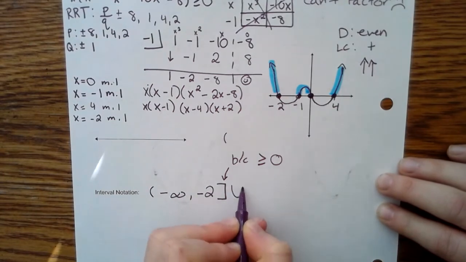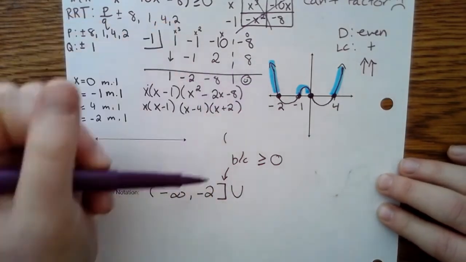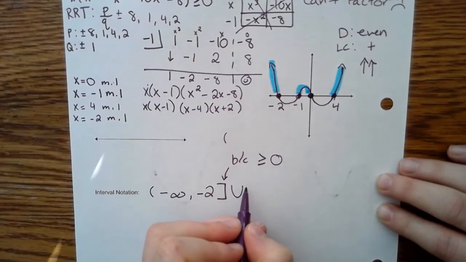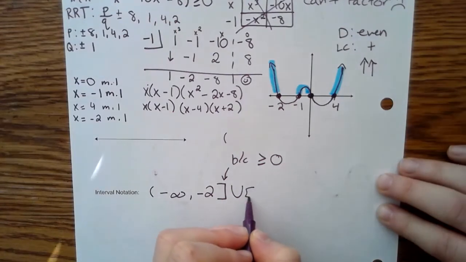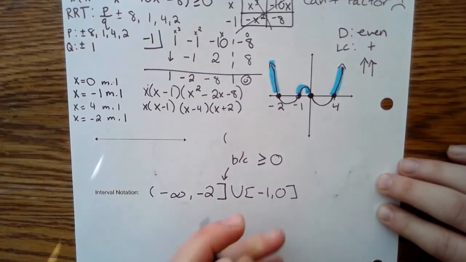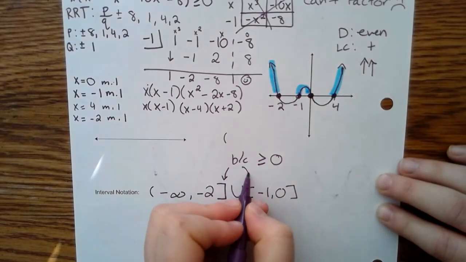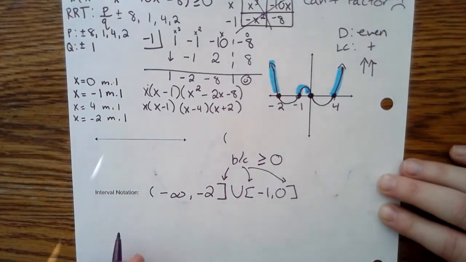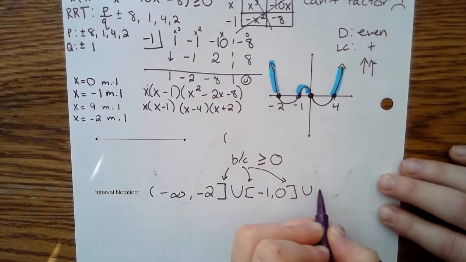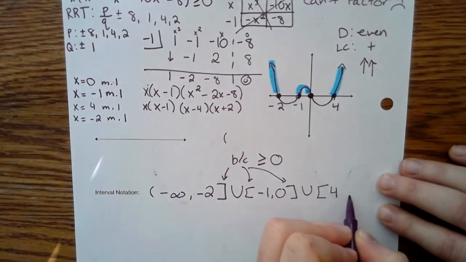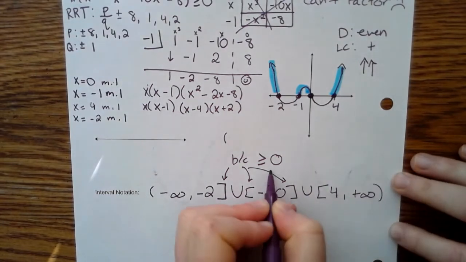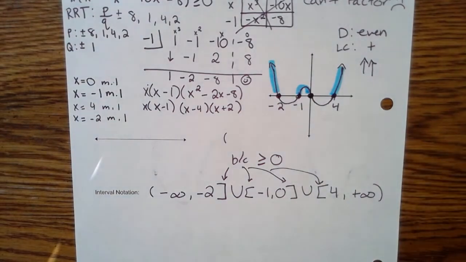And then union, so that's this section right there, union -1 to 0, and these have brackets for the same reason, union 4 to positive infinity. That is our answer.